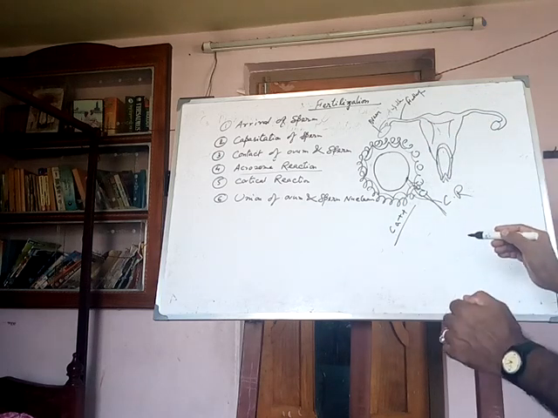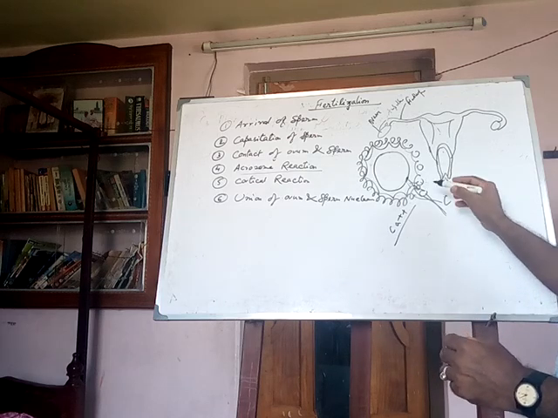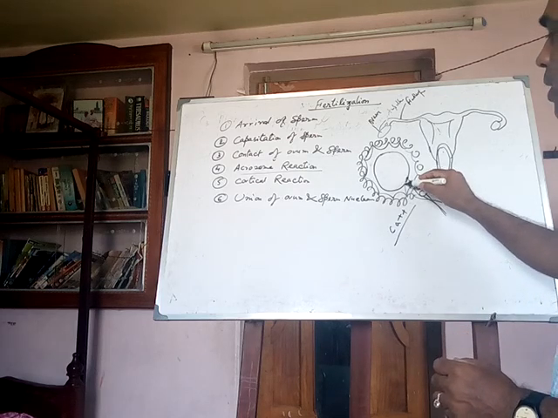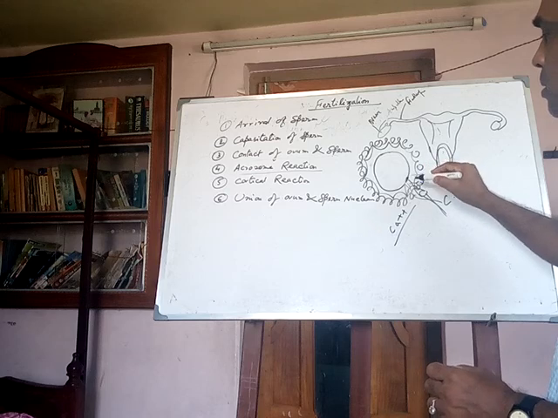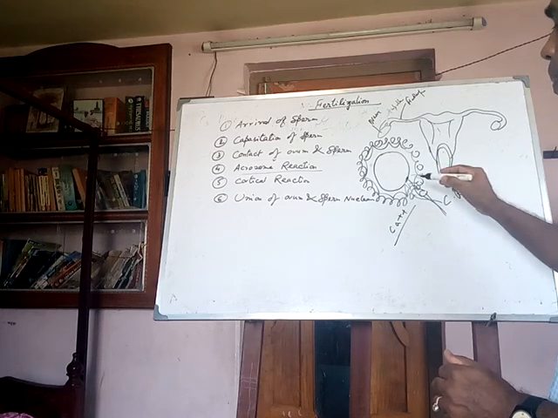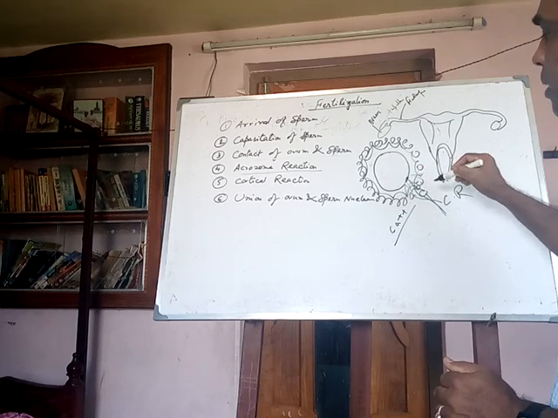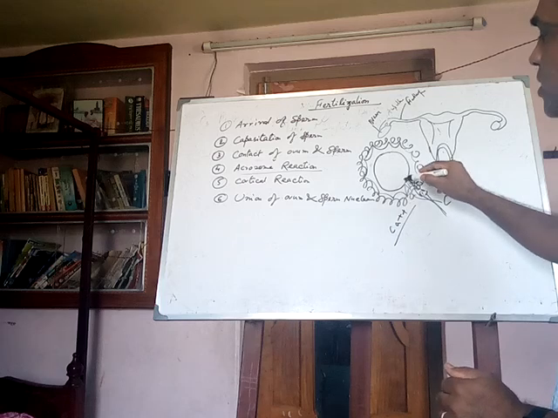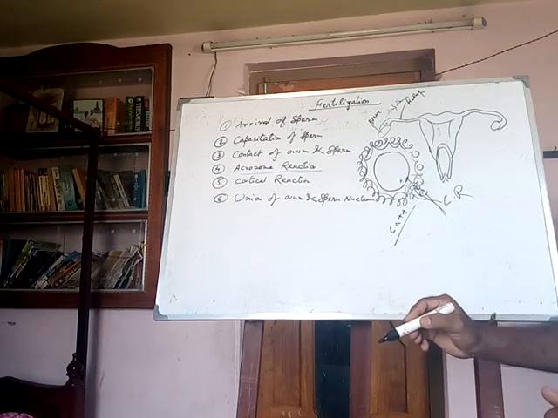After the neutralization, this acrosomal cap is thrown out of the fertile membrane, and only the pronucleus can reach into this part.